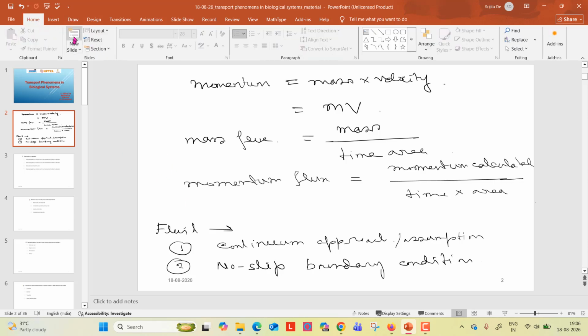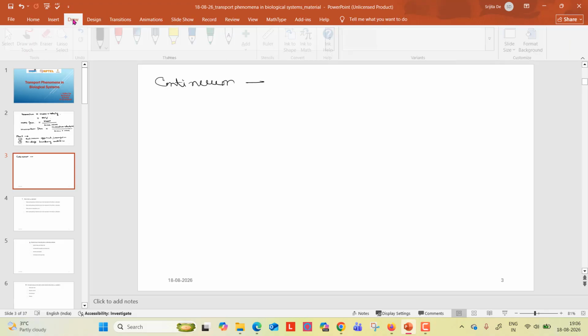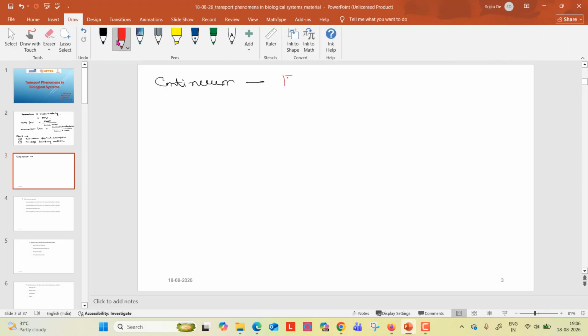So I think you remember what the continuum approach is, right? In the continuum case, fluid is considered as a continuous medium.